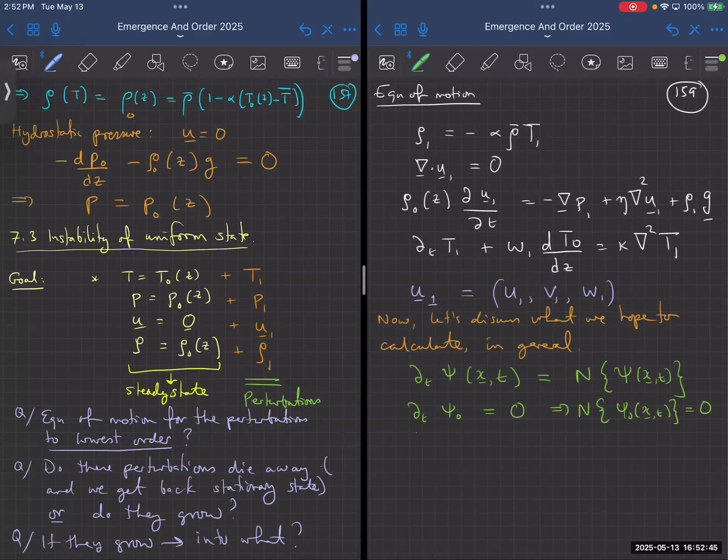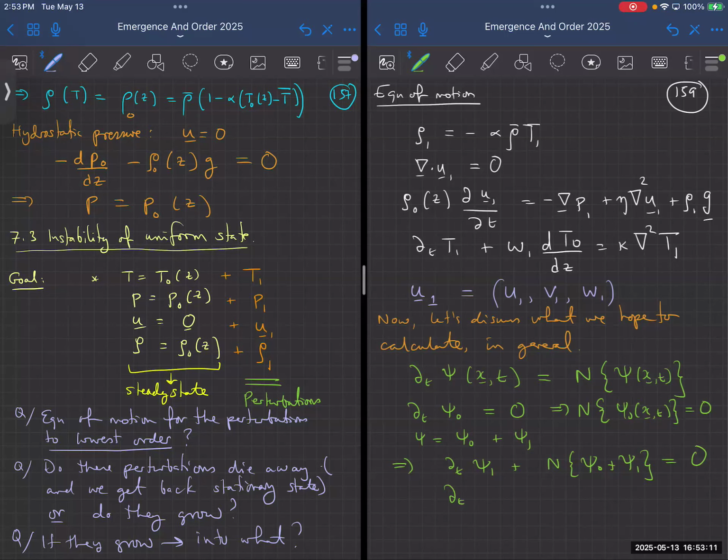Then what we do is we write down perturbations. So we write psi as psi naught plus psi 1. And then what that means is that the equation of motion is d psi 1 by dt plus N of psi naught plus psi 1 is equal to 0. But we want to linearize this.